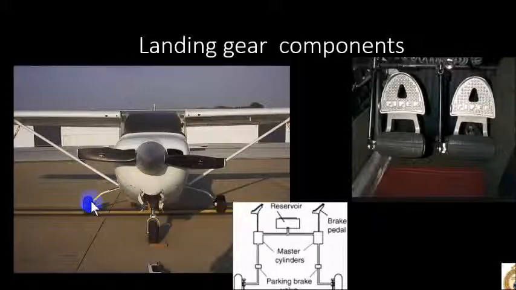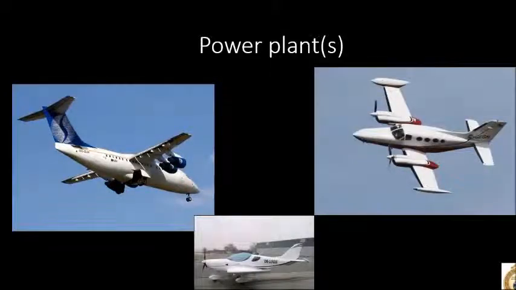And if we wanted to make a right turn in this aircraft, we would apply the right brake, steer with the nose, add power, and then this side would come around. So these are the steering pedals, and this is how the aircraft is steered on the ground, or what we call taxiing.